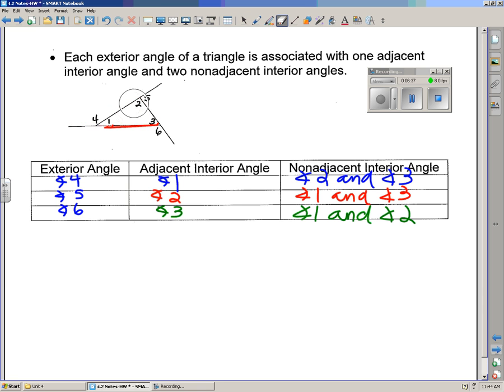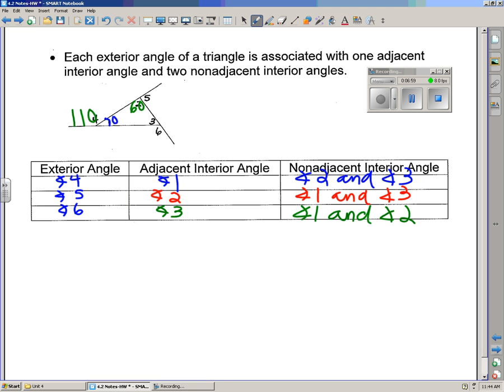And there's something special about the exterior angle and the sum of the non-adjacent interiors. Let's try that again. I'll give you some different numbers. Let's say in here was 60 and out here was, I don't know, 110. If we wanted to find some missing angles, we'd say 1 is supplementary to 4, which means 1 better be 70.